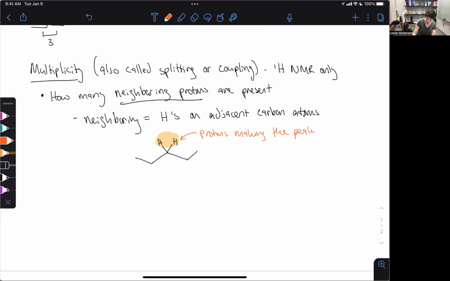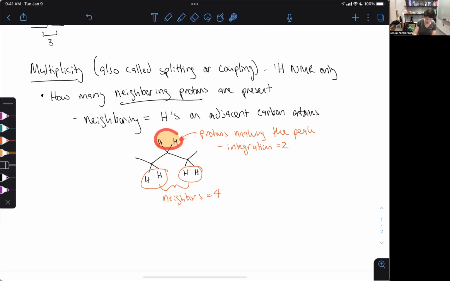So the integration would be 2, because there's 2 protons making that peak. And then if I look to my adjacent carbon atoms or my attached carbon atoms, these are my neighbors. And I've got 4 neighbors here.